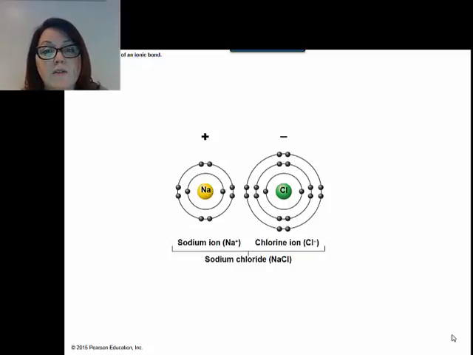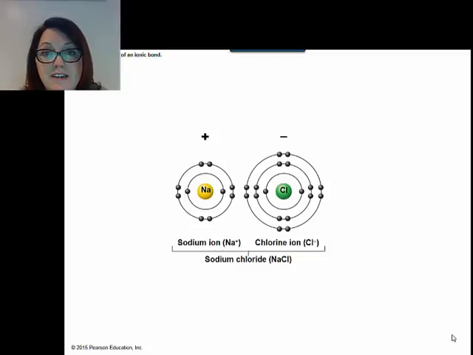And the reason why these particular atoms are charged is because their numbers of electrons and protons are not equal. The sodium ion here has one more proton than electron, and the chloride ion has one more electron than proton. So they became charged. We can use the words cation and anion to describe whether an ion has a positive charge or a negative charge.